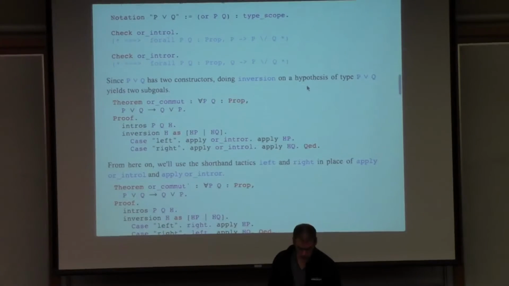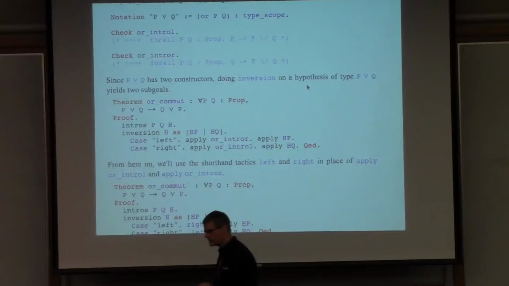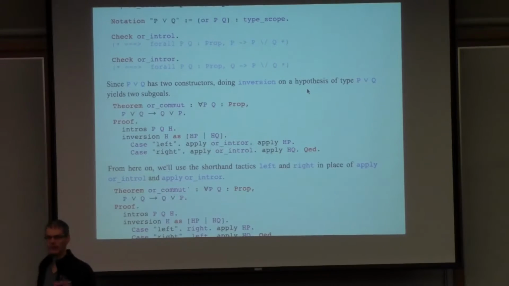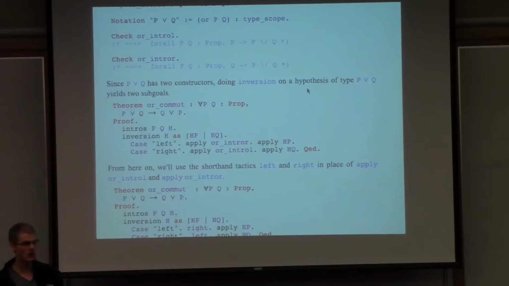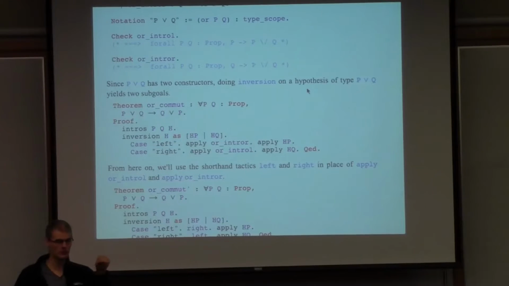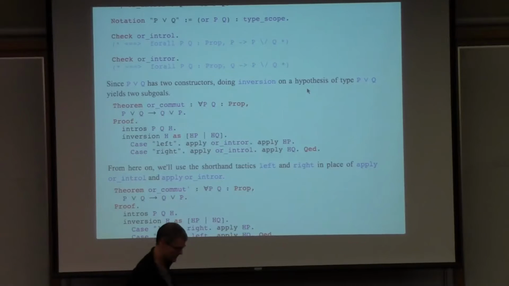Once again, it's a little bit annoying to have to remember the names of the constructors, which are or_introl and or_intror. Those are the names that the standard library writers decided on.